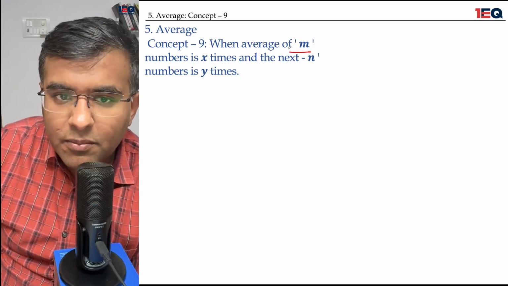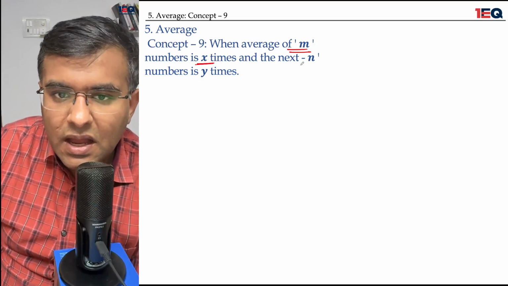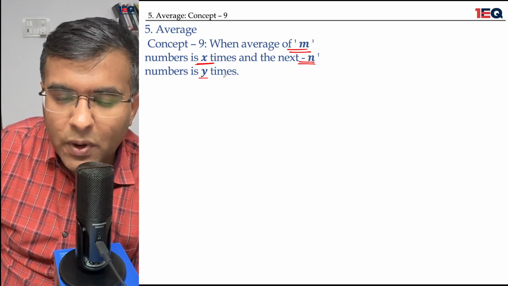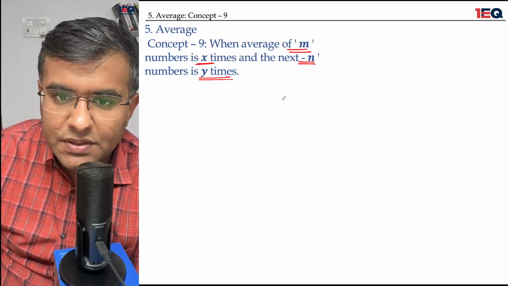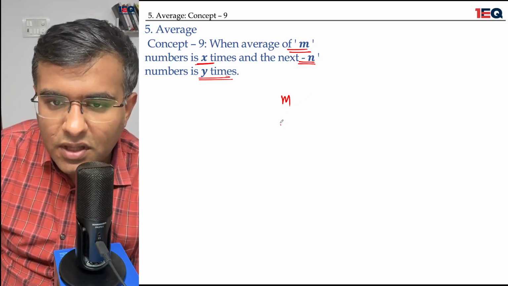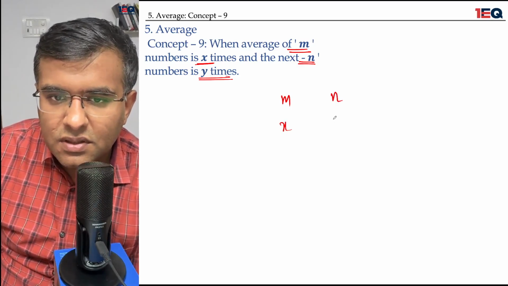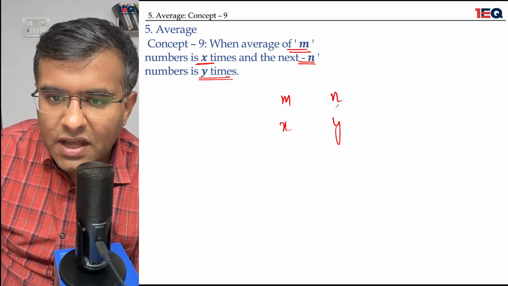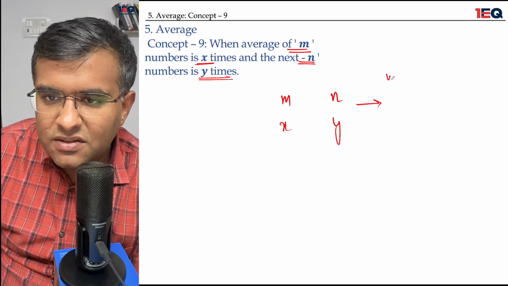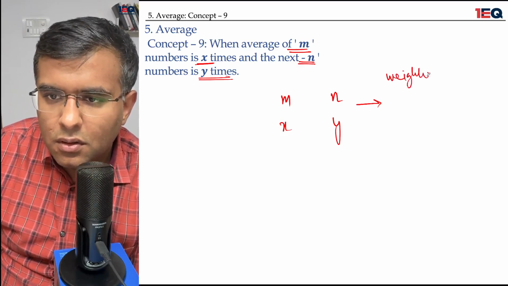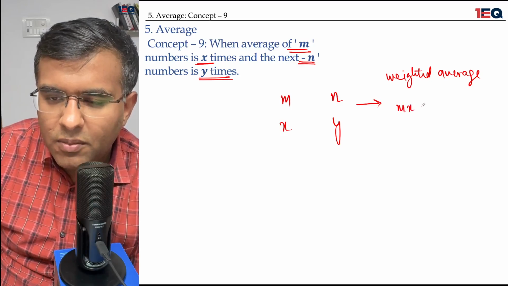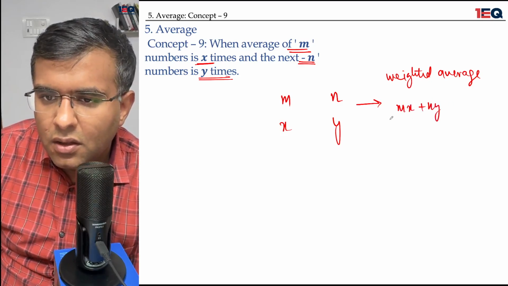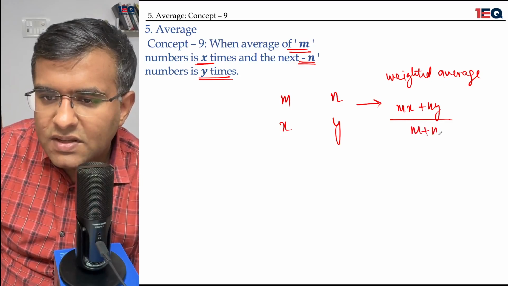When the average of m numbers is x and the next n numbers is y, what actually happens? We have m numbers, the average is x. We have n numbers, the average is y. So the combined average, also known as the weighted average, comes out to be mx plus ny whole upon m plus n.